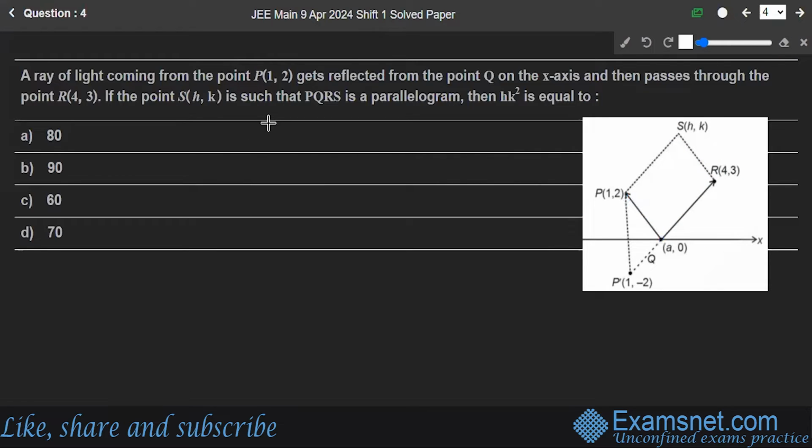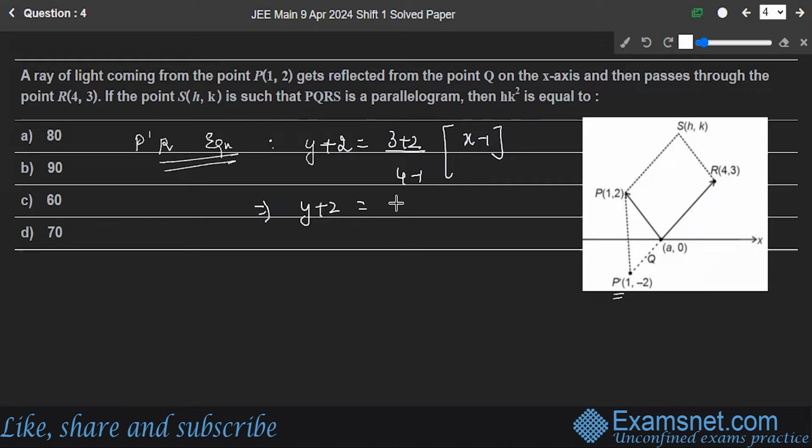Fine. Now, first of all, this is the line P dash R. So let's say the equation of P dash R. I have the point R as this. So this will be given by y plus 2 is equal to, this will be 3 minus of minus 2 upon 4 minus 1, into x minus 1, or y plus 2 is equal to 5 upon 3 into x minus 1.